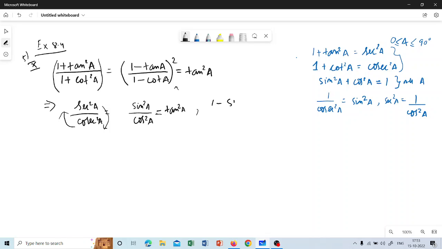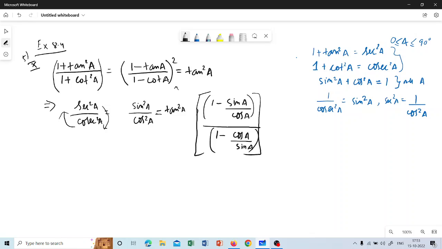So 1 minus sine A by cos A, divided by 1 minus cos A by sine A, whole square. This is the expression.